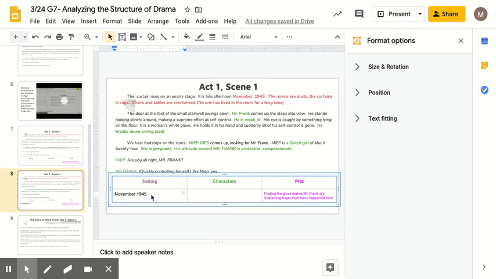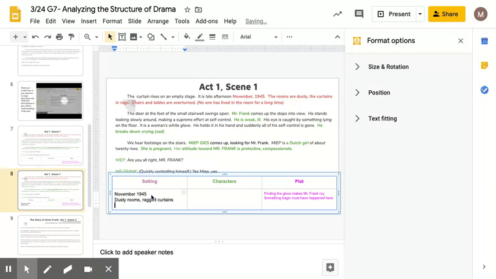Because remember, setting is not only place, but it's also time. We see dusty rooms, ragged curtains, tables and chairs overturned.